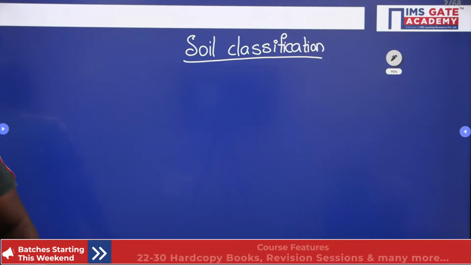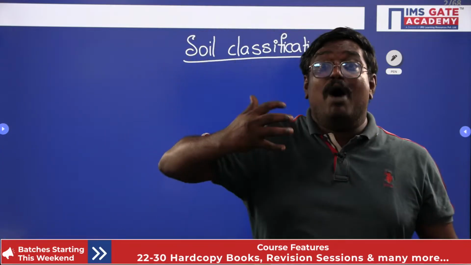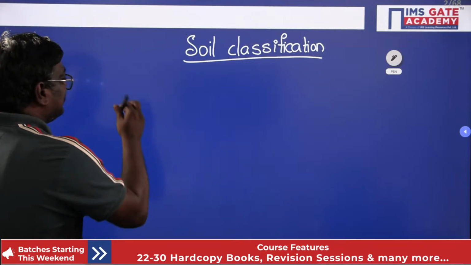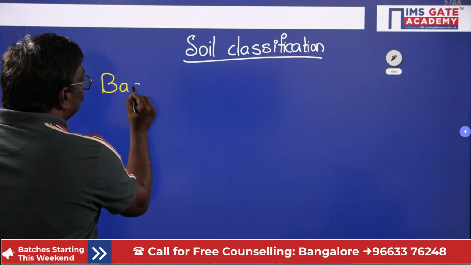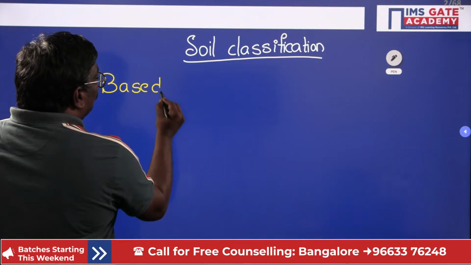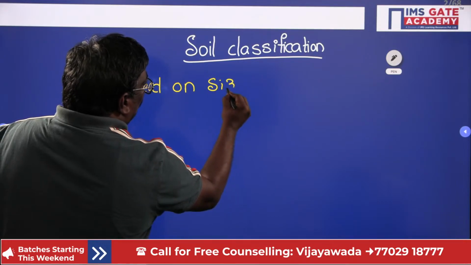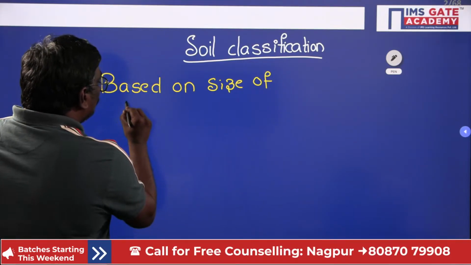Here I will be explaining what we mean by soil classification and how we classify the soil. My dear students, the basic agenda here is based on the particle size. Initially, the soils are classified based on the size of the particle.